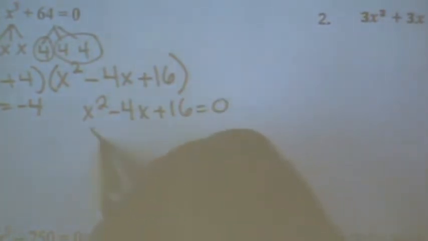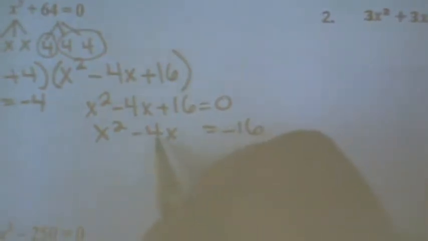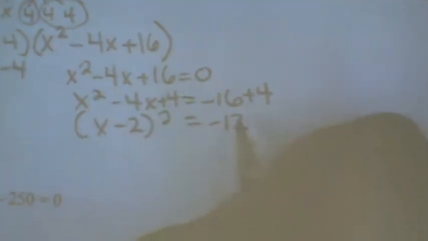How do you get these two zeros? What you have to do is, I will complete the square here. You have x squared minus 4x plus 16. Set this equal to 0. Subtract 16. Half of this squared, you're going to add 4 to both sides. X minus 2, quantity squared equals negative 12.